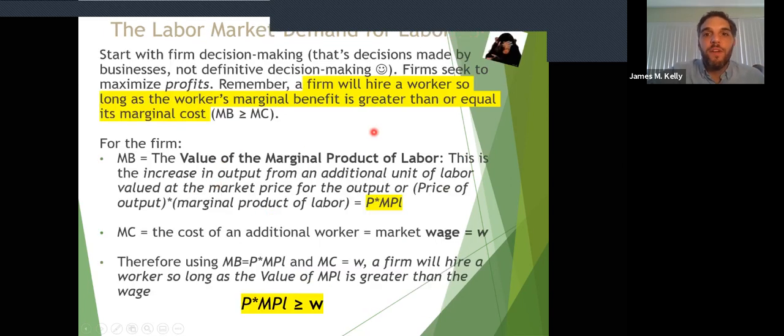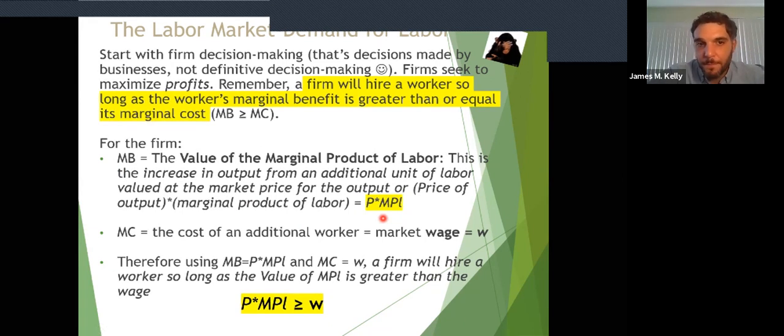Well, the value of the marginal product of labor is essentially the benefit that firms get from hiring another worker. That marginal benefit is the price of the output, the price of the good that's being produced, whatever that sells at, times how much output increases from an additional unit of labor.